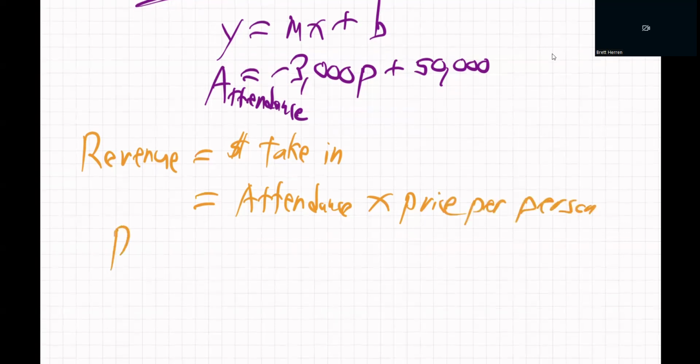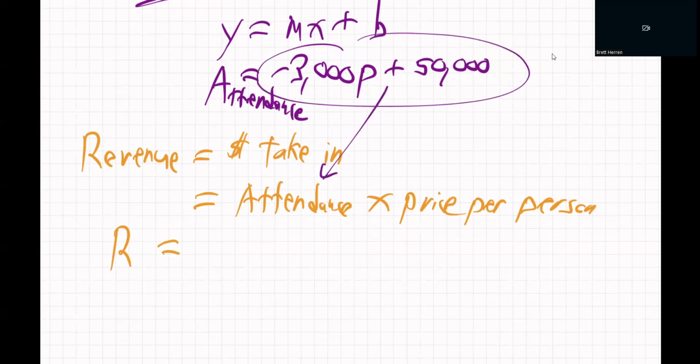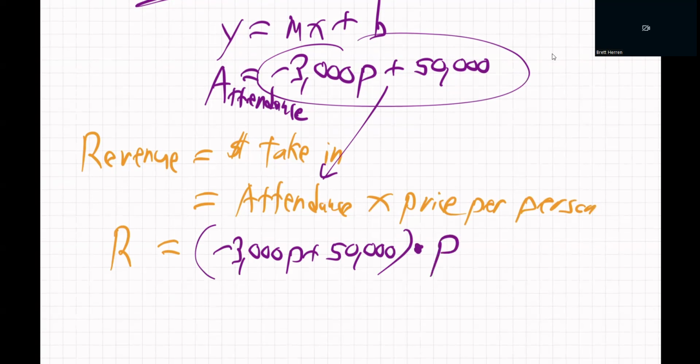So revenue will equal attendance, minus 3,000 P plus 50,000, times the price per person. What's the price per person? It's P. So then distribute that.